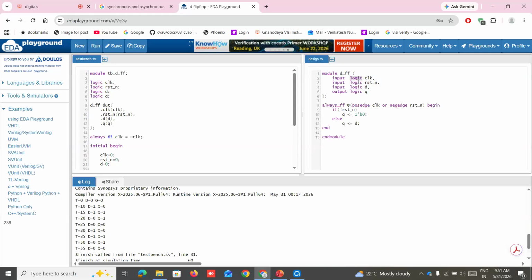This data type is written, so this is a SystemVerilog design. Why is logic considered? You need to know the difference between logic and reg, why I'm not utilizing the wire here, or why I'm not utilizing the reg here. For that you need to know continuous assignment and procedural assignment.